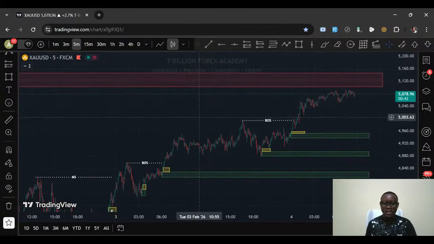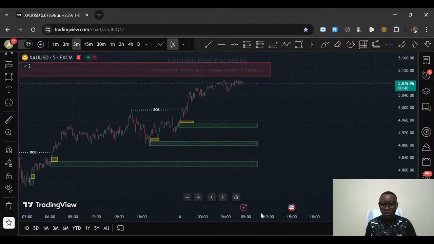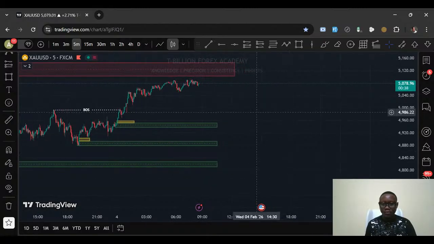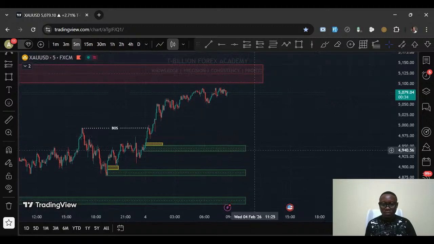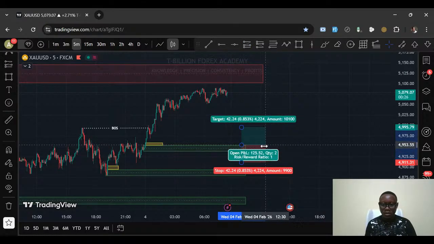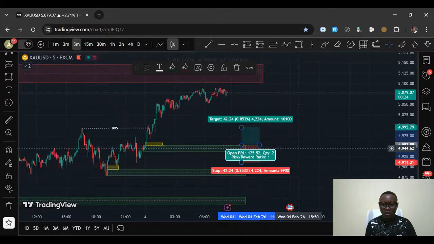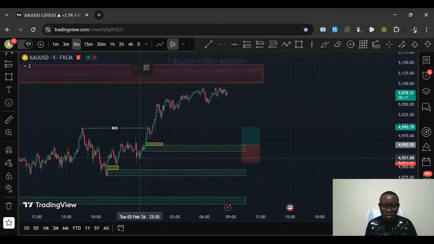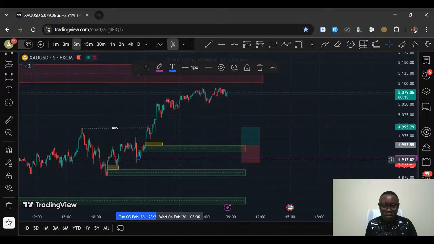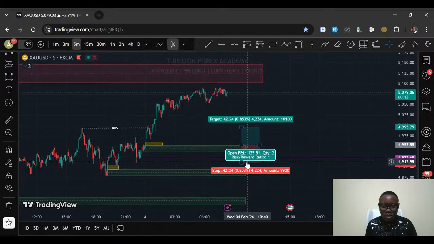So now let's set our position 2. For this, we're taking our entry right here, and our SL will be this low, this swing level here. Our SL will be slightly below it, like this.